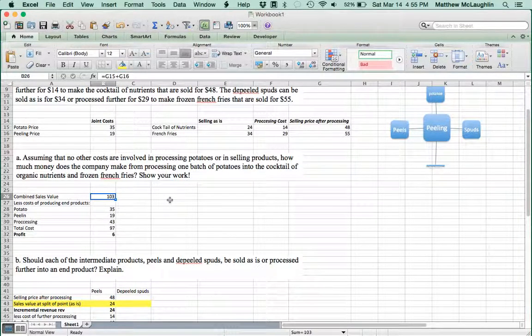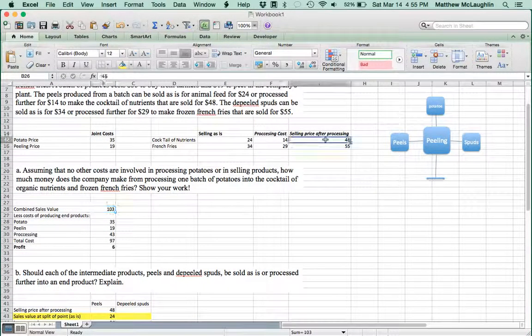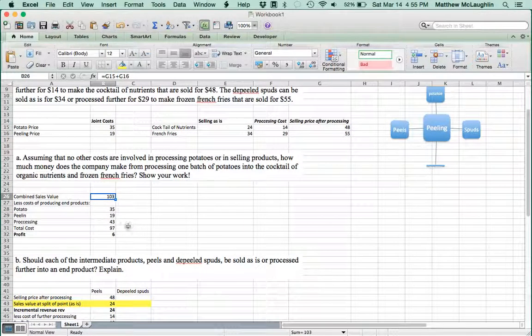We know that the combined sales value is going to be the total of the cocktail of nutrients selling price, which is $48, and the French fries, which is $55. That totals to $103. Then we subtract all the costs associated with getting to those end products from $103.